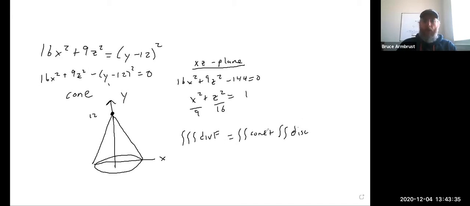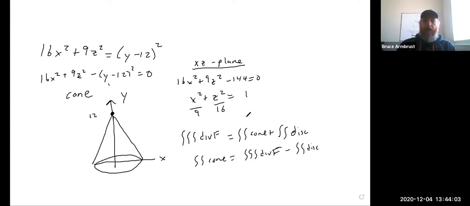So if I want the cone, I'm going to do the divergence integral minus the surface area of the disk. All right, so let's see how easy those are to do.